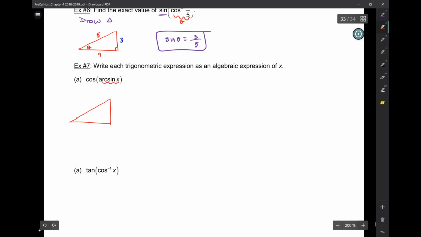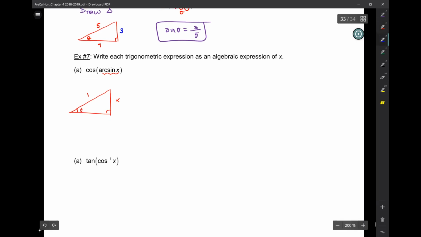This is telling me that there is an angle theta. The sine is x. That means opposite over hypotenuse is x. All right? So now I want to find that missing side. How would I find that?